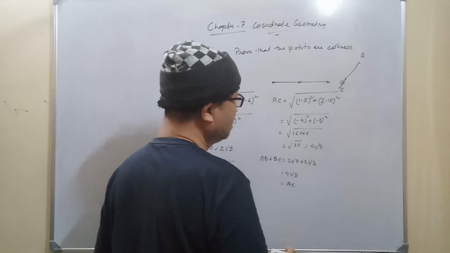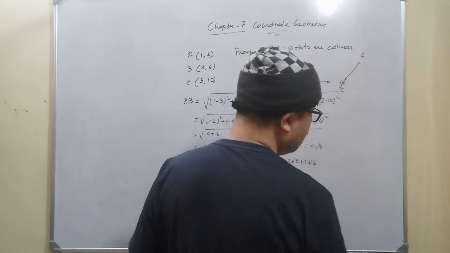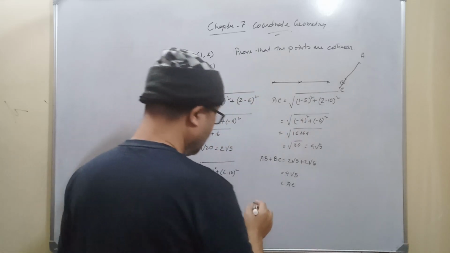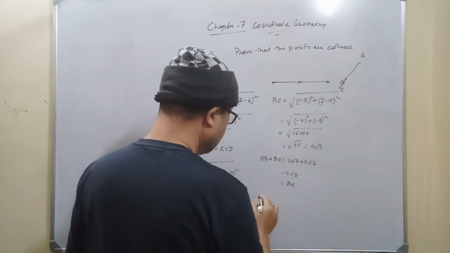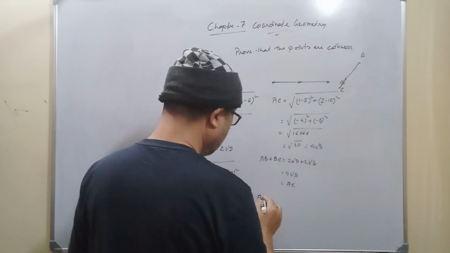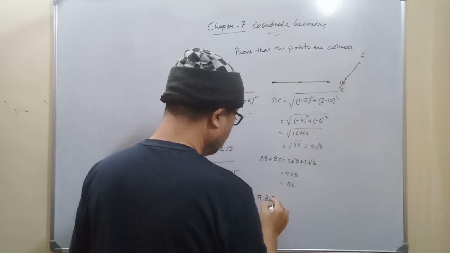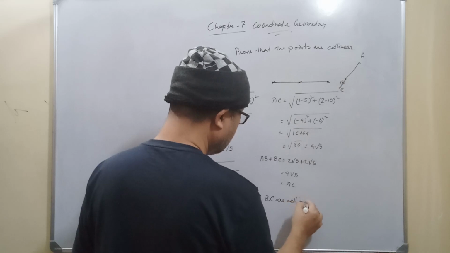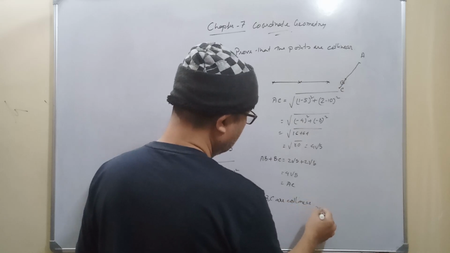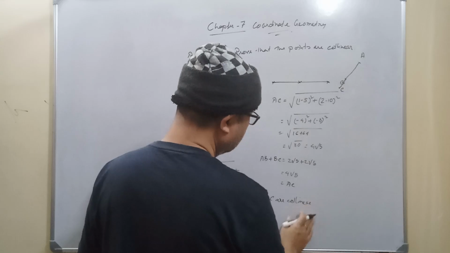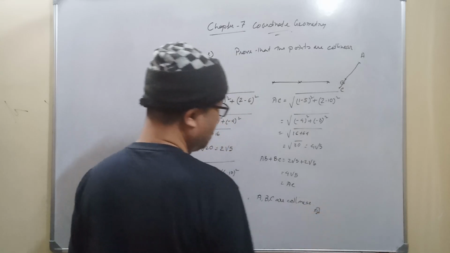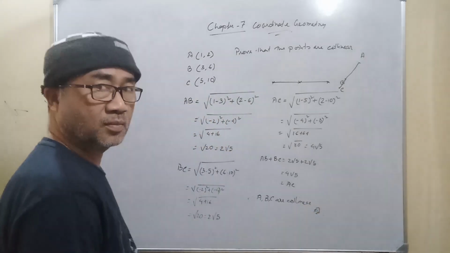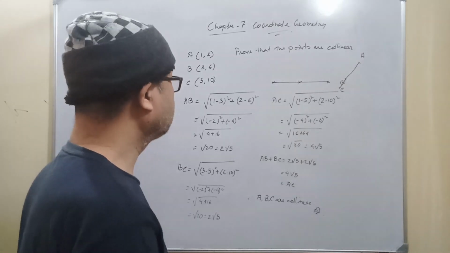And what does that mean? That means the 3 points are collinear. Hence, A, B, C are collinear. Hence, it is proved. It is your answer. Okay?